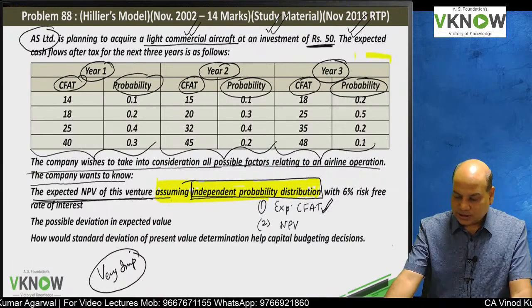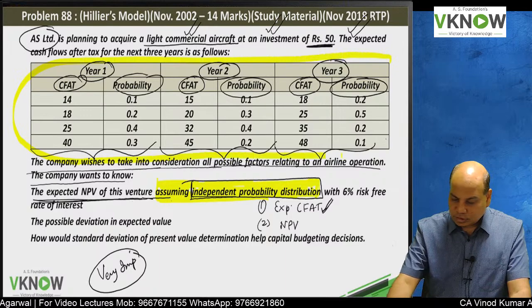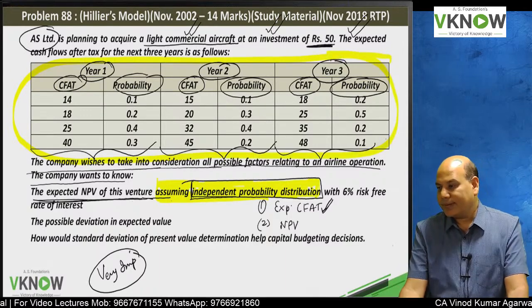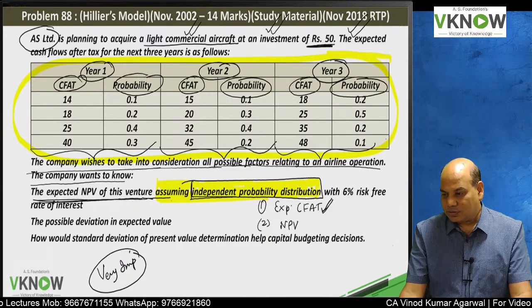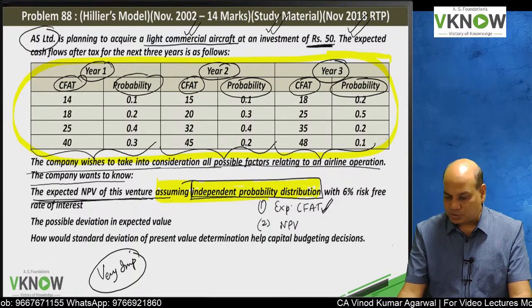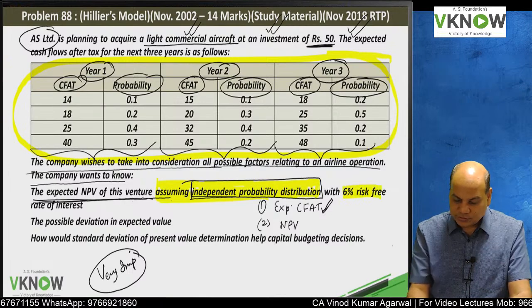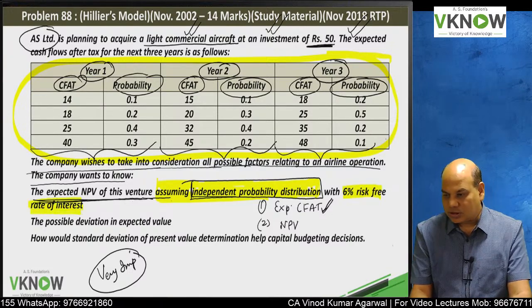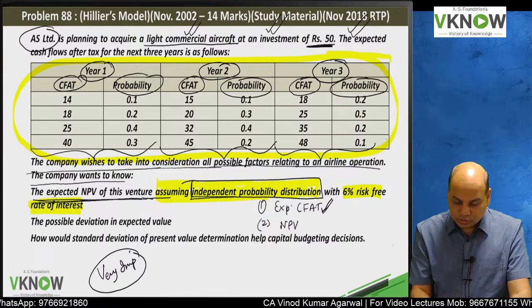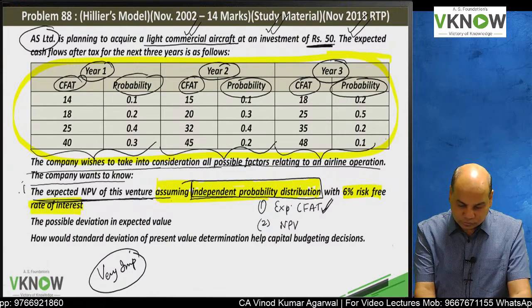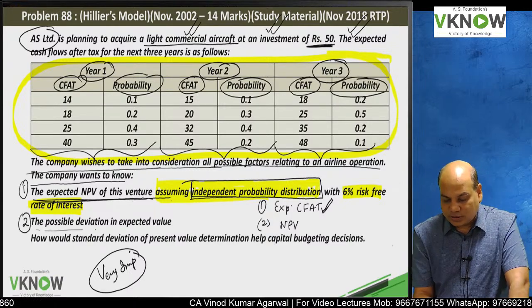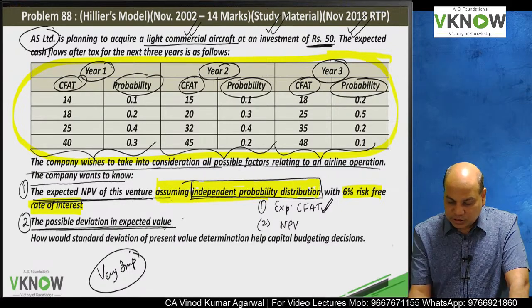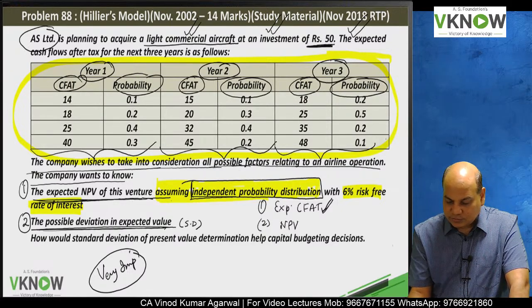To compute the standard deviation of the entire project, I need to find standard deviation under the assumption of independent probability distribution with 6% risk-free rate of interest. So the discount rate is 6%. You have to compute this. Second, you have to compute possible deviation in expected value. Possible deviation in expected value means standard deviation.